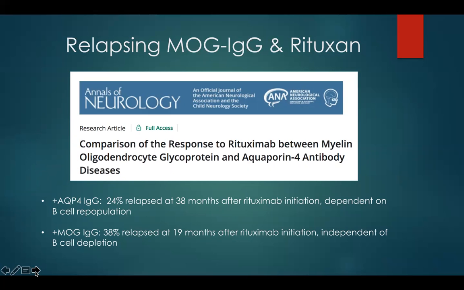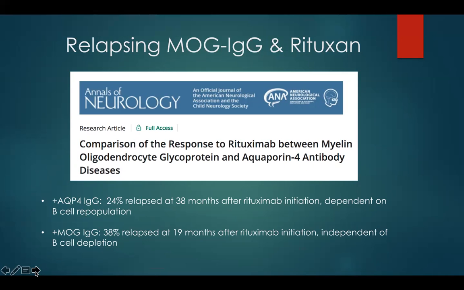So this paper compared the response to rituximab between anti-MOG and aquaporin 4 disease. What they found was that in the patients who were seropositive for aquaporin 4, 24% relapsed over 38 months after Rituxan was started, and it was largely dependent on whether the B cells had repopulated or not.